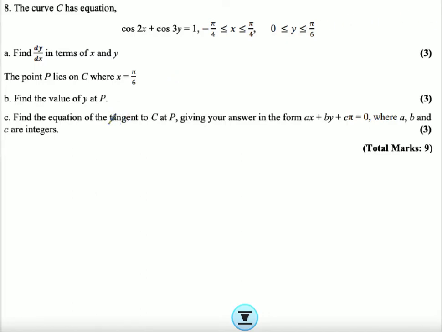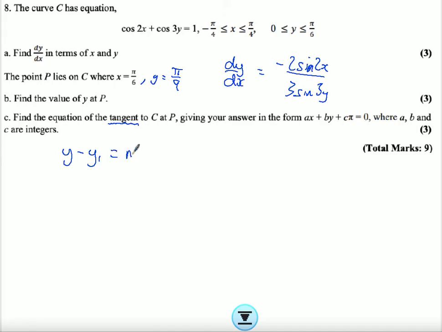I see. So now that's find the equation of the tangent. So we've got x is pi over 6, we've got y is pi over 9, and we had dy by dx was -2 sine 2x over 3 sine 3y. So y subtract y1 equals m brackets x subtract x1. So let's find out what the gradient is then.